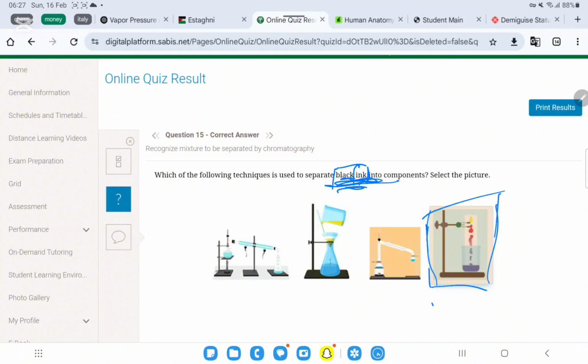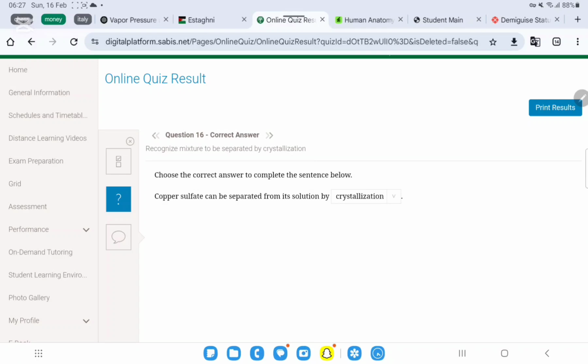Just when you see ink, go to paper chromatography. Again, we said this before, copper sulfate, always crystallization. You don't need anything for it, just crystallization. You see copper sulfate and they want to get the solid, crystallization, always.